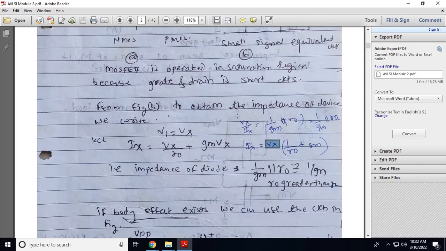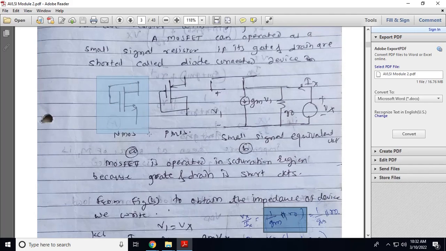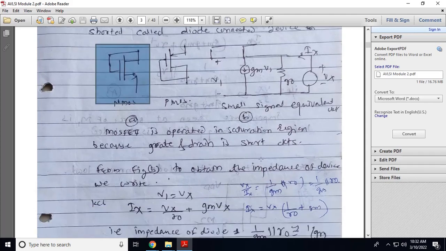So Vx by Ix is equal to 1 upon Gm in parallel with R0. So for a diode connected transistor, the resistance is 1 upon Gm in parallel with R0. 1 upon Gm, that is the transconductance, is in parallel with R0.